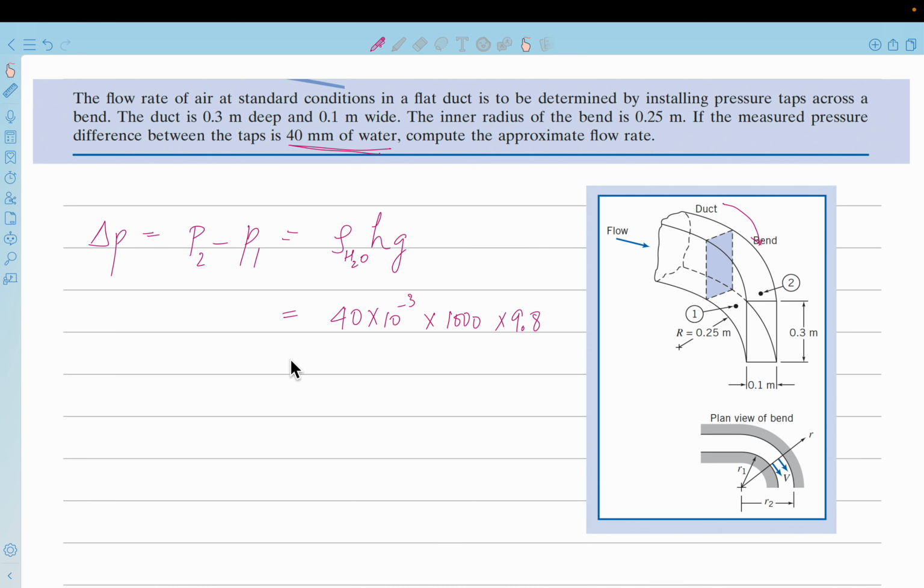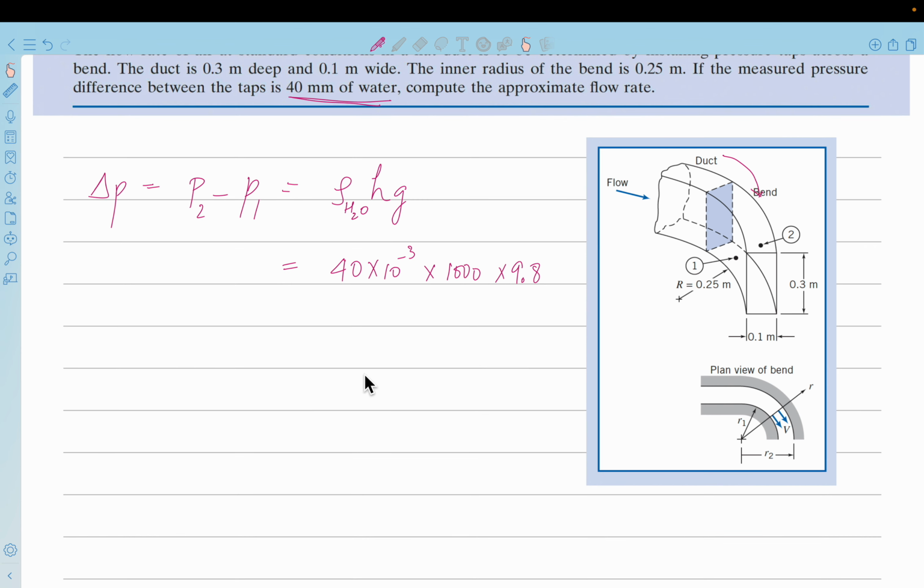So can you tell me what is delta P? Please calculate and tell me what is delta P. 392 Pascal. So that is delta P.